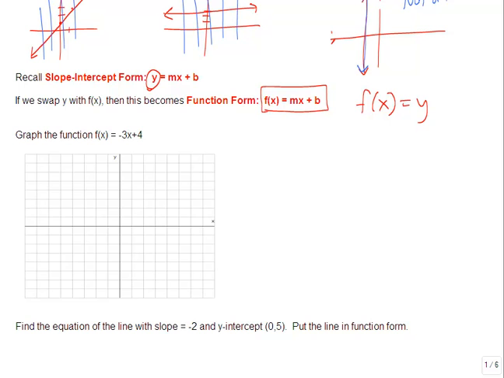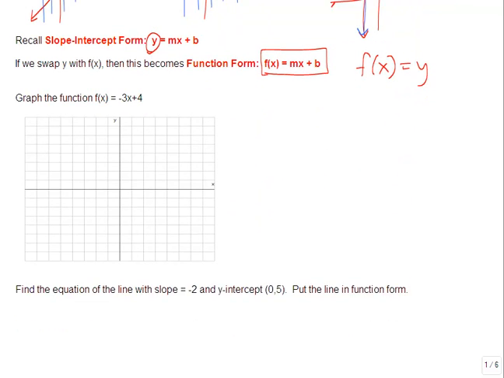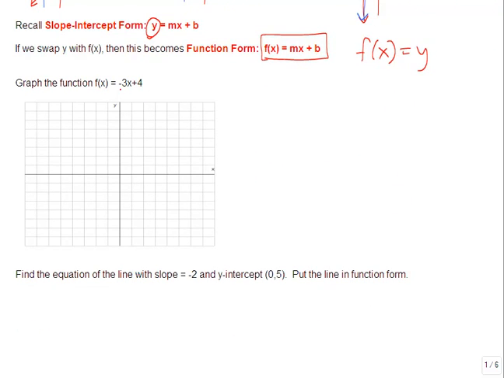So when the question might say graph the function f of x equals -3x plus 4, if it helps you, you can swap that y right back in again. So we're going to put y right where this f of x is and rewrite it in a form that you're probably more familiar with.